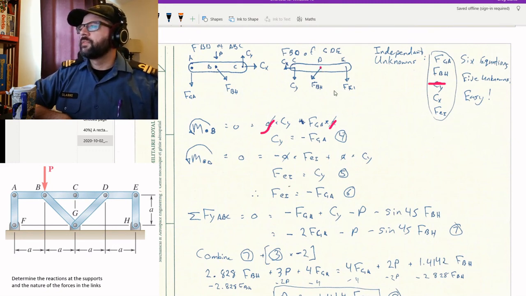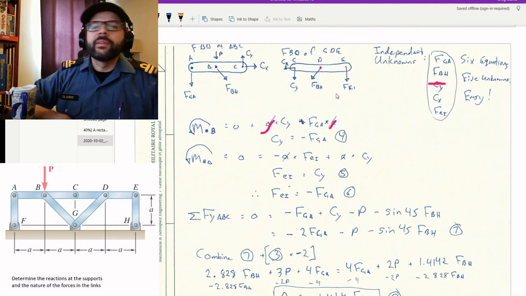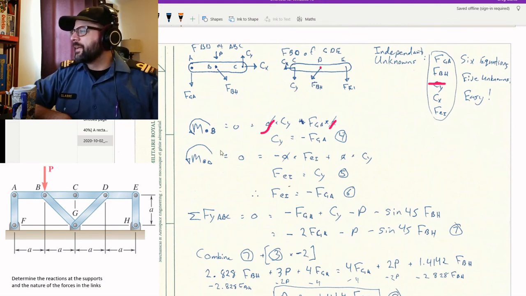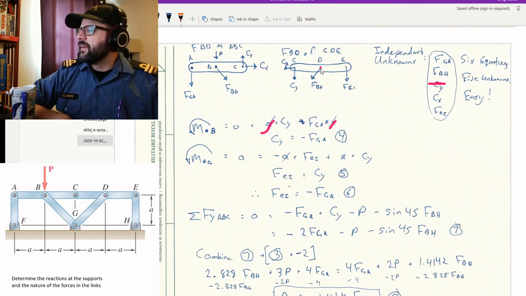Next up, let's do the same thing on the other side. Taking a moment about D gives us a negative FEI times A. And then we've got A times CY.